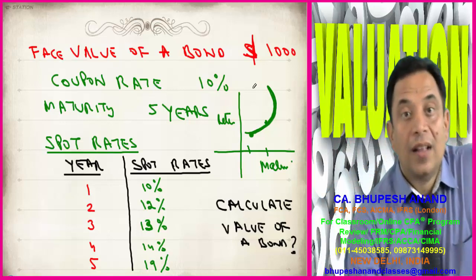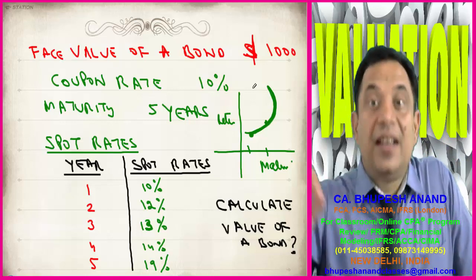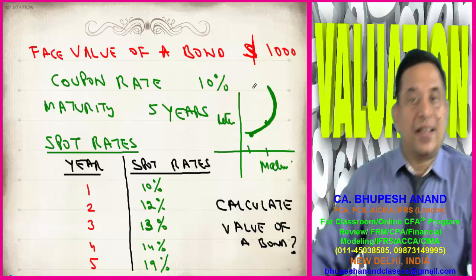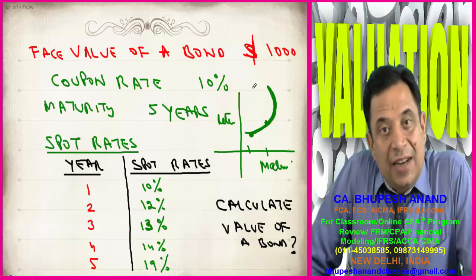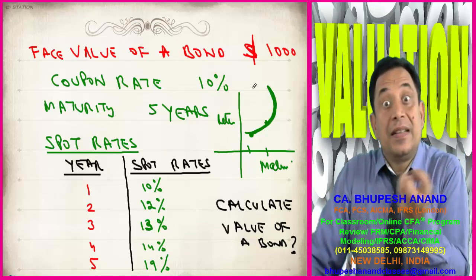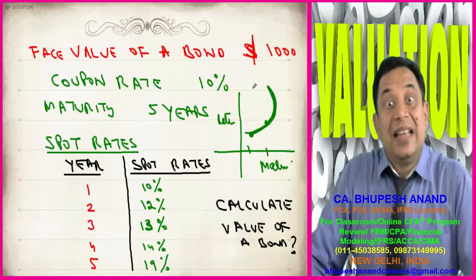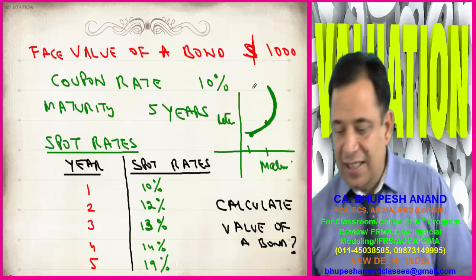When I draw the spot rates graphically, taking maturity on the x-axis and spot rates on the y-axis, then that curve which represents maturity and spot rate is named the spot rate curve. You getting my point? That is named the spot rate curve.